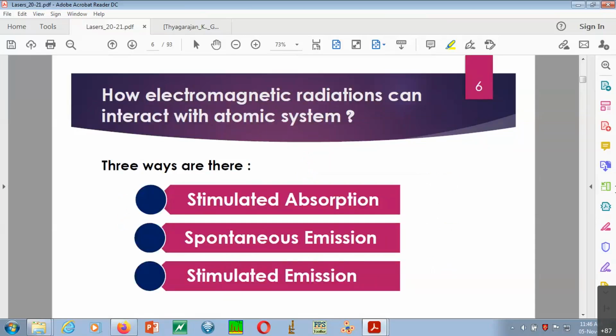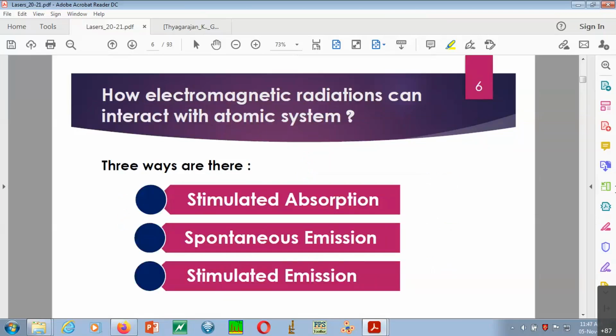Now the important thing is coming. Again, I'm going to use the same words, electromagnetic spectrum. We have already seen it, and there are 7 components we know very well. Some component wave is going to interact with the atom.